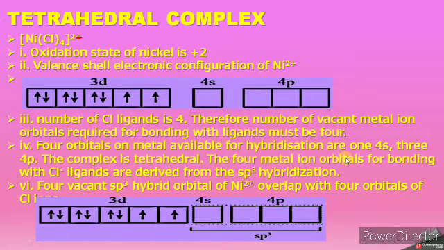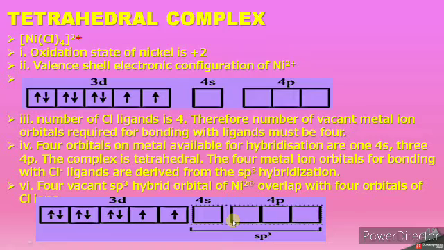The 4 metal ion orbital for bonding with Cl minus ligand are derived from sp3 hybridization, and the 4 vacant sp3 hybrid orbital of Ni2 plus overlap with 4 orbitals of chloride ion to give this NiCl4 2 minus complex.